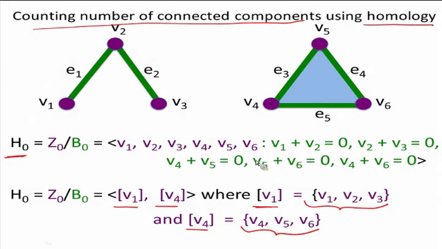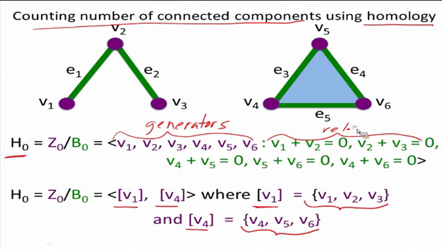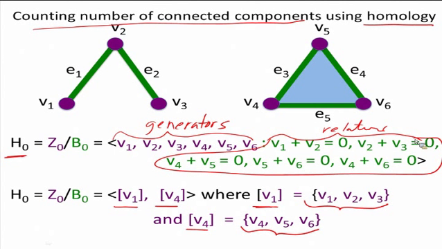And then we had relations. So these were our generators right here. But then we had relations, all the way out to here, based upon, since we had an edge connecting V1 and V2, we know that they are in the same component, so we could use that relationship to say that V1 equals V2 mod 2.